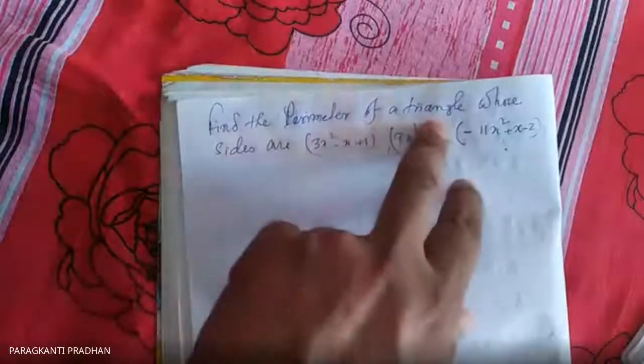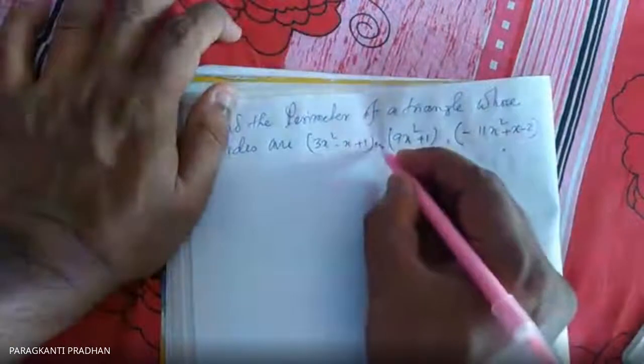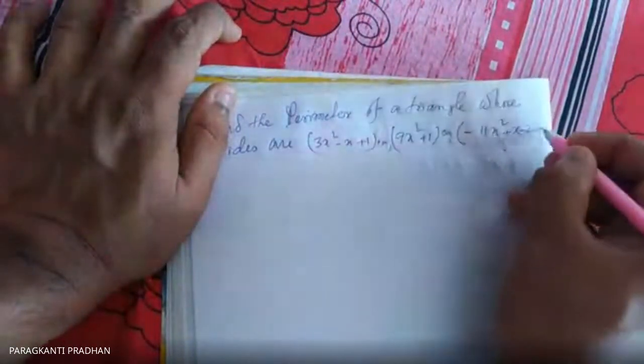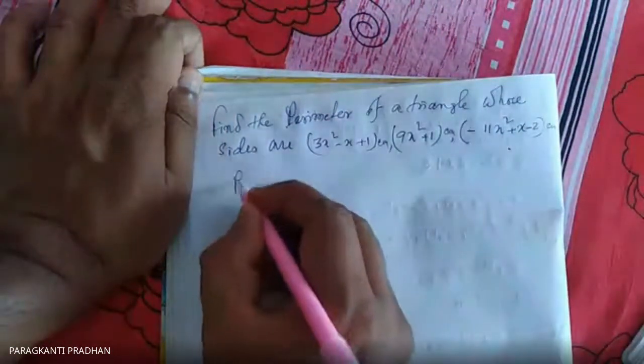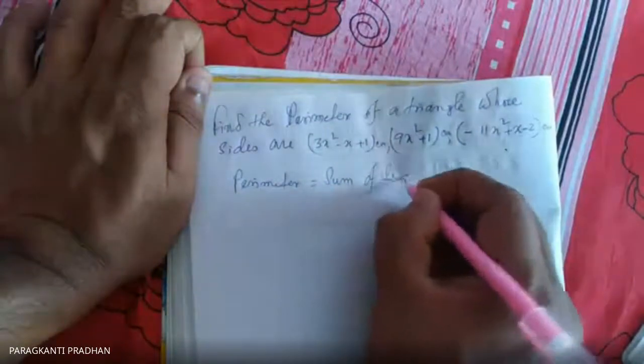Just find the perimeter of the triangle whose sides are this, and you have to write the centimeter unit. We know that the perimeter means, very good, sum of sides.